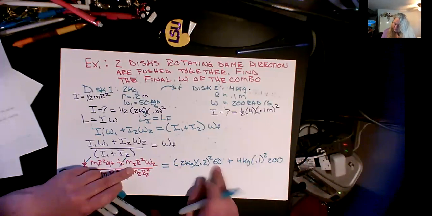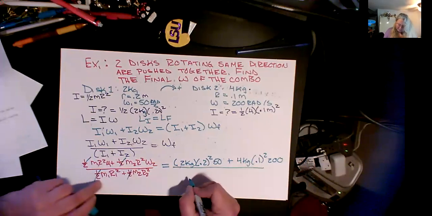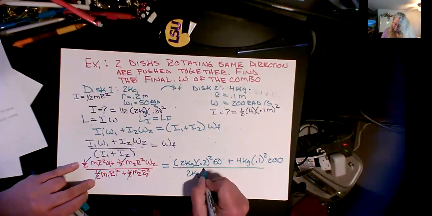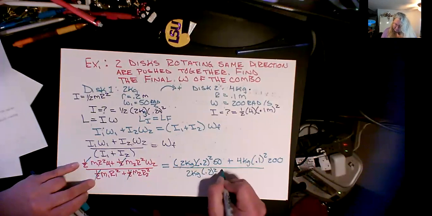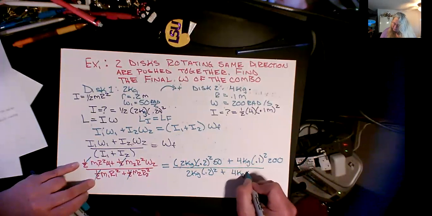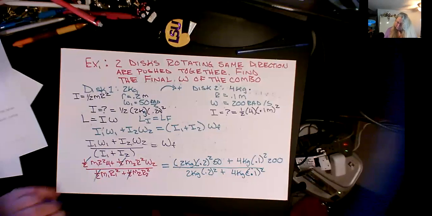Those are my omegas, those are my radii, and those are my masses. Divided by 2 kilograms times 0.2 squared plus 4 kilograms times 0.1 squared.